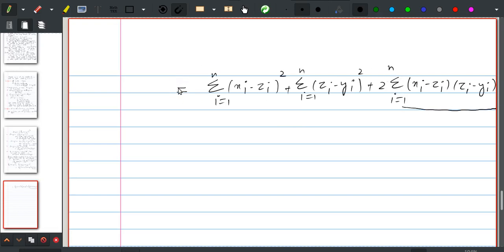So this equality turns into an inequality like this.